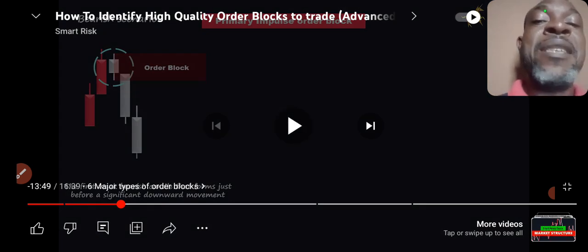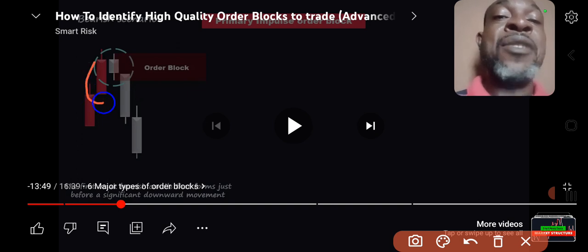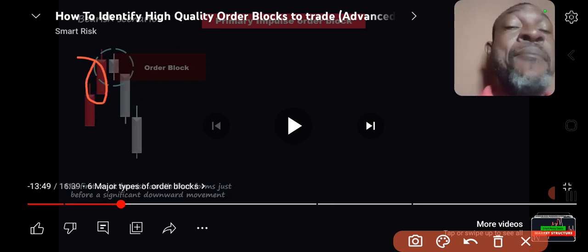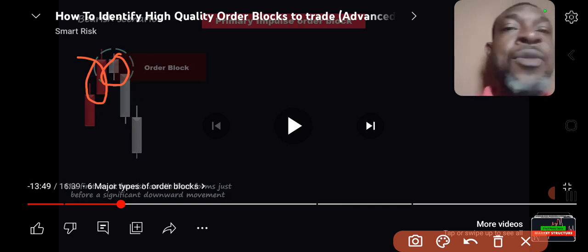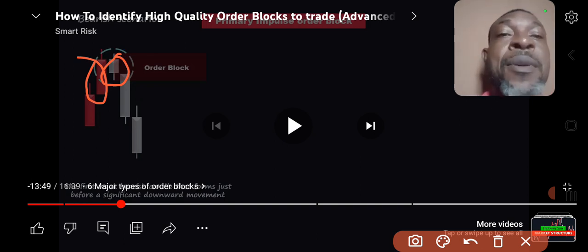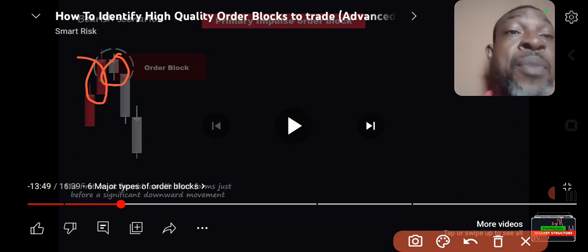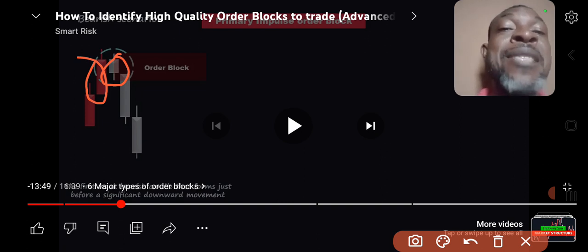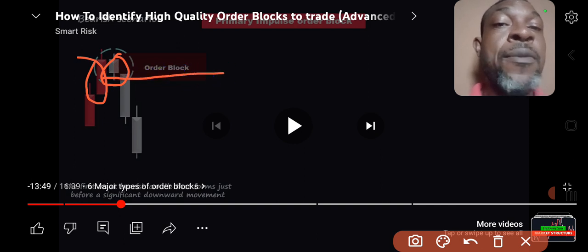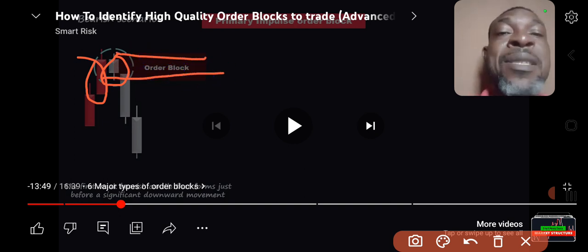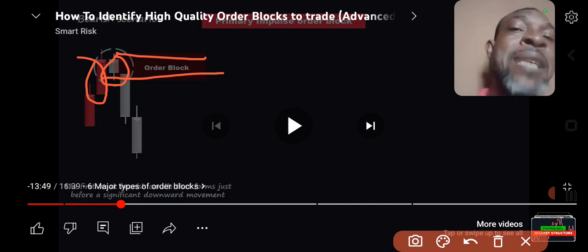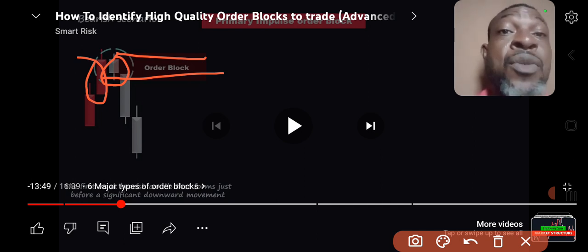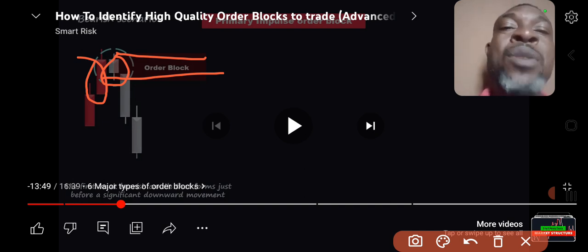Okay, so you can see right over here, the red candle is actually bigger than the white candle, which is the sell candle, right? So when you're talking about the primary impulsive order block, right, the next candle that comes up right over here, the momentum, or should I say the strength of that candle for that reversal was weaker than the previous candle, right?